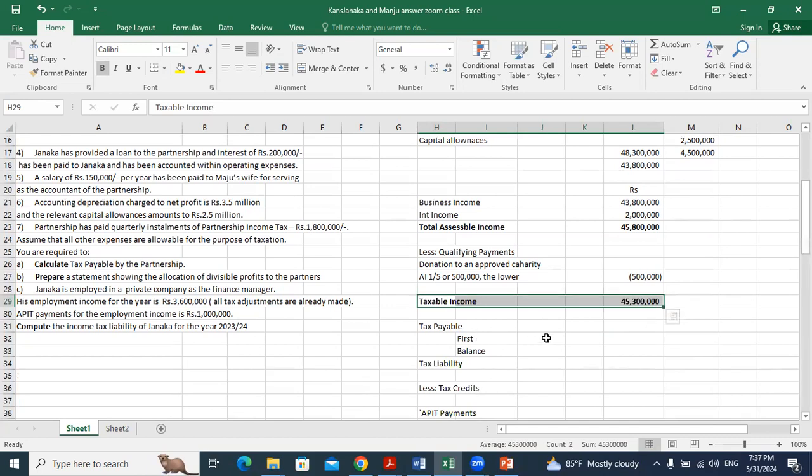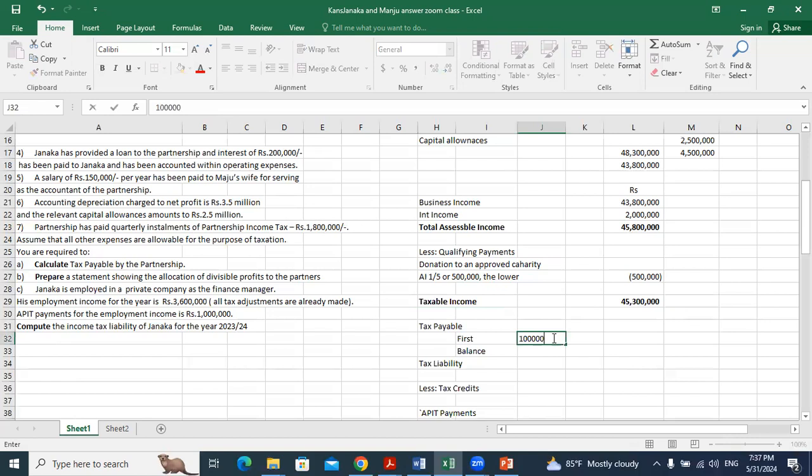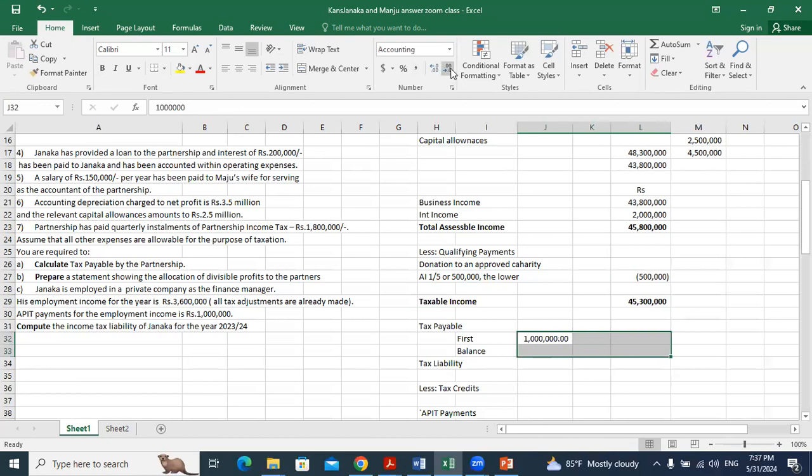Thereafter, tax payable. For the first 1 million, what is the rate applicable? That is 0, remember.